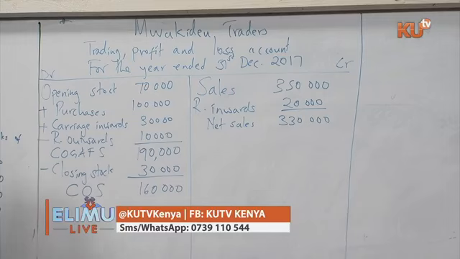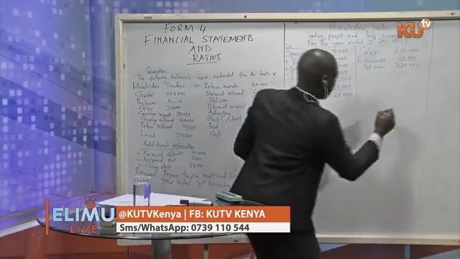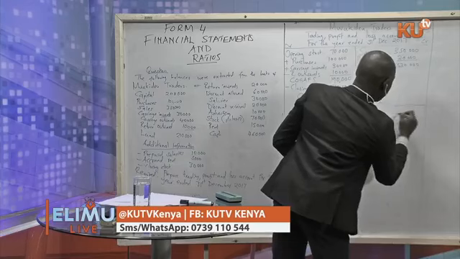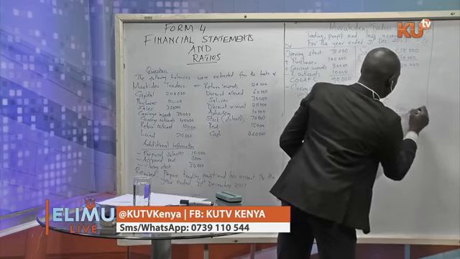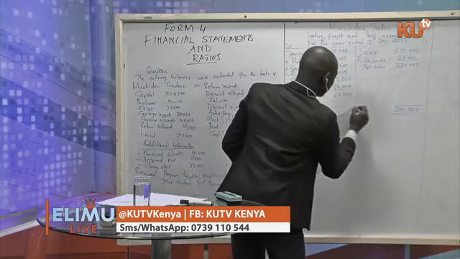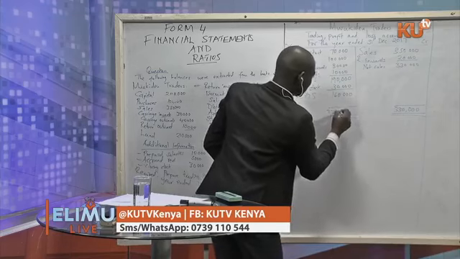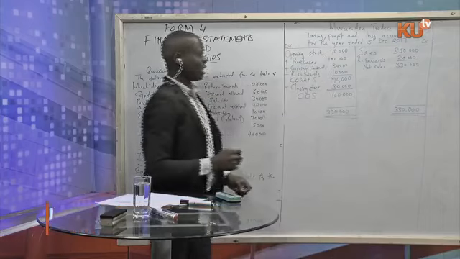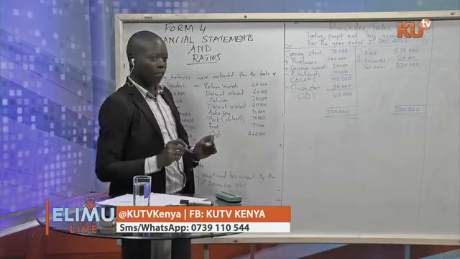Net sales. So we compare this figure with the cost of sale. If you compare these two, you'll realize that the net sales is higher than the cost of sale. And we said when the cost of sale is less than the net sales, then we obtain what we call gross profit.